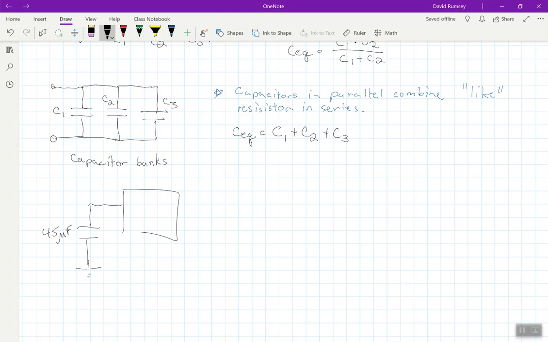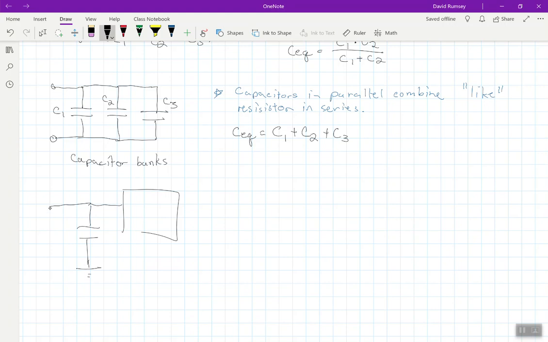At the time we couldn't find one. I mean, you can find 47 microfarad capacitors, you can find other value capacitors instead, but the circuit diagram said we need 45 microfarads. So we wanted to get as close to 45 as possible. Of course, capacitors have tolerances. Honestly, if we had thrown a 47 in there, it was probably going to be fine.